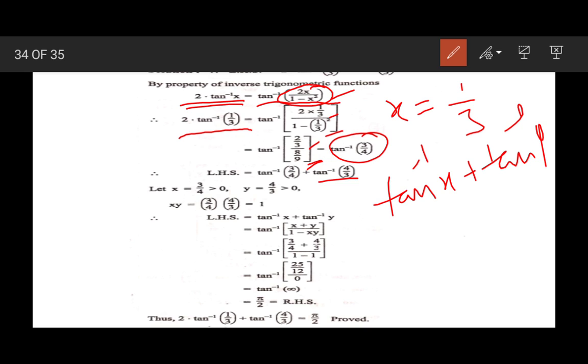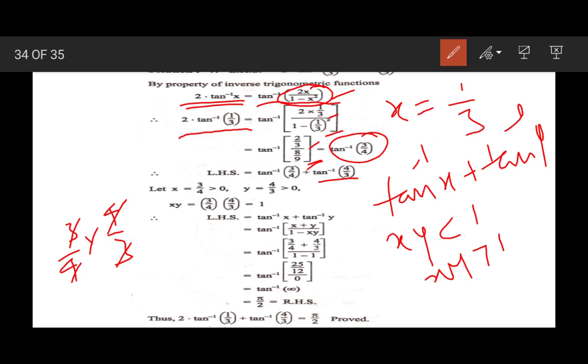Okay. So before using the formula, what do I have to check? I have to check the xy value, whether xy is less than 1 or greater than 1. So xy is 3 upon 4 into 4 upon 3, right? So they cancel, that is equal to 1. So x is greater than 0, y is greater than 0, and xy is equal to 1. So we are going to use the first formula.